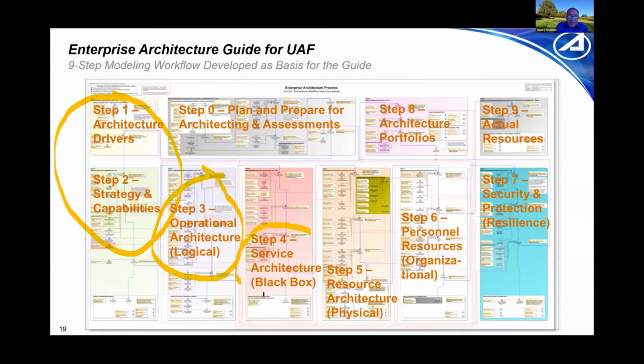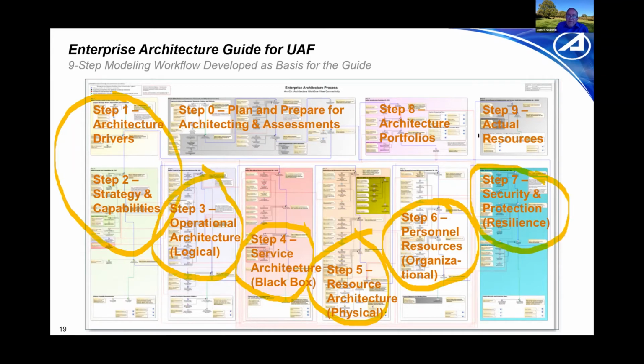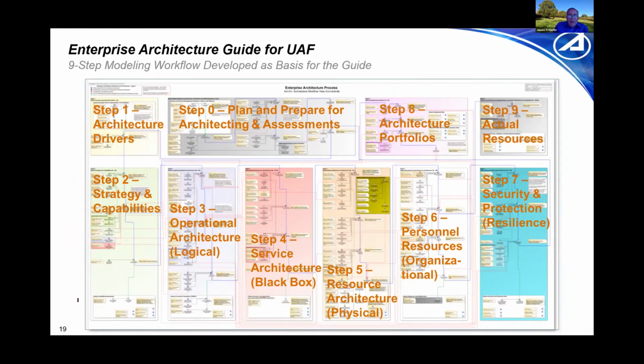You may have your service architects do this. Your system engineers focus on that. You may have your business development people, or maybe your functional managers work on personnel. You might have your security engineers focus on that. You might have a portfolio management group. So in practice, you're going to have different people working on the different steps all at the same time. So one thing the workflow does is to help coordinate and show what the dependencies are between these particular viewpoints.